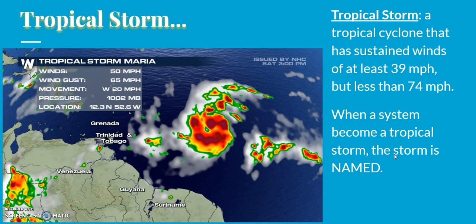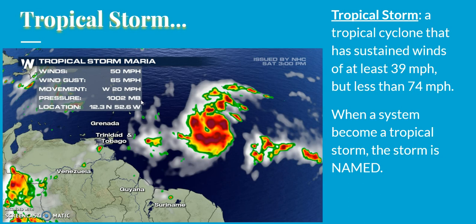This is actually Tropical Storm Maria from a few years ago. Notice that the sustained winds are 50 miles an hour. Wind gusts can be up to 65. The whole storm system is moving west at 20 miles an hour. Pressure is 1,002 millibars. I know that doesn't mean a whole lot to you, but that's below what normal surface air pressure is, because remember, these are all low pressure systems.